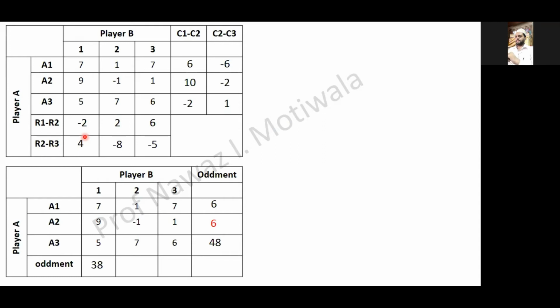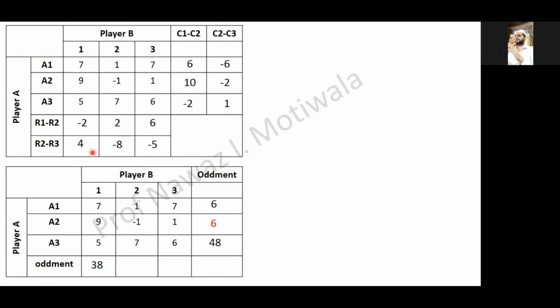Then if I want the answer at the middle one, the oddment for B2, I will ignore this column. So I will remain with minus 2, 6, 4 and minus 5. Then again I will solve the determinant. It will be minus 2 into minus 5, that is 10, minus 6 into 4.